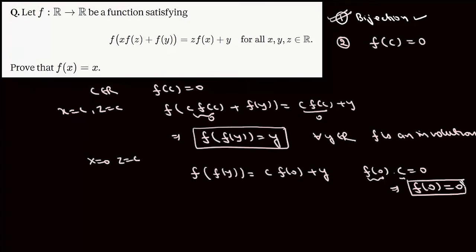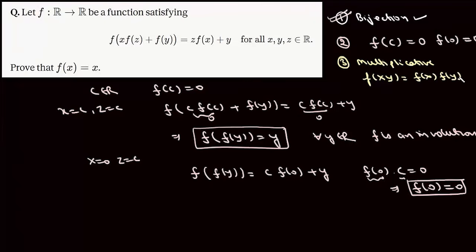So first we have proved bijection, and then using that we have proved that f(0) is 0. Now using this, the third step is going to be, we'll prove that this f is multiplicative. So we just need to prove f(xy) equals f(x) into f(y). And for this, what we'll do is, in this given equation, we'll put y as 0.